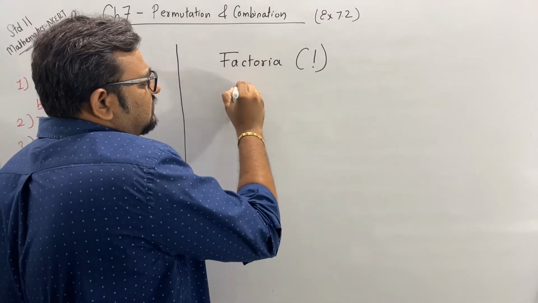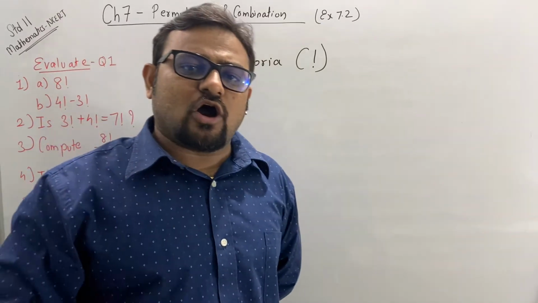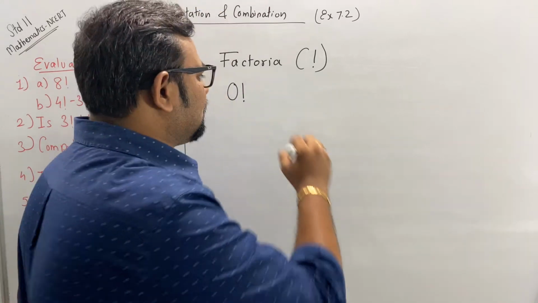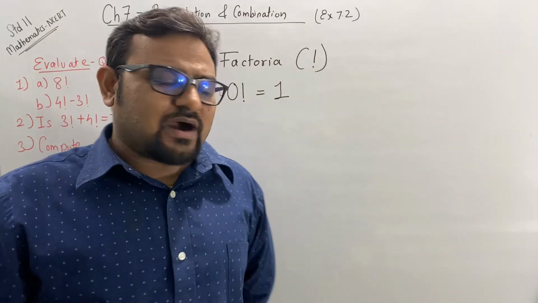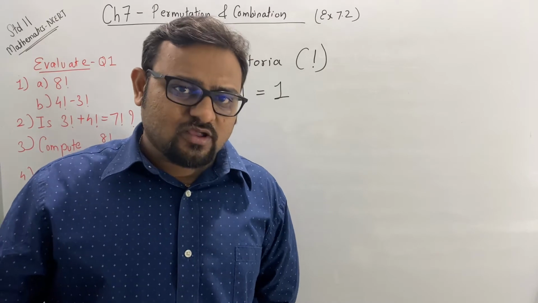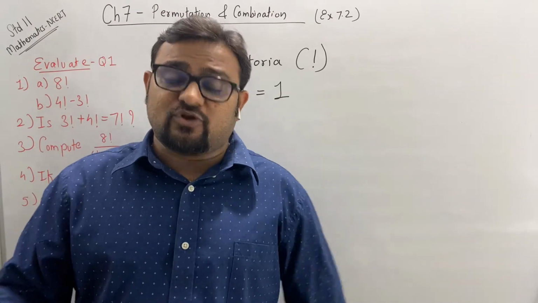See, remember 0 factorial is not equal to 0. It is equal to 1. Now why is it 1? That we'll discuss later on when I show you some formulas about permutation.